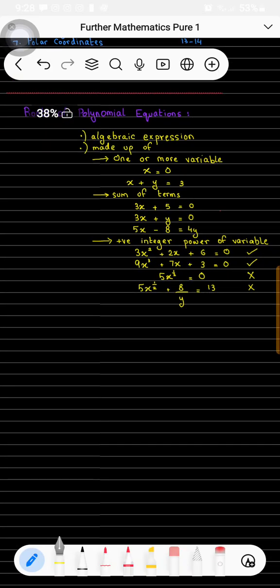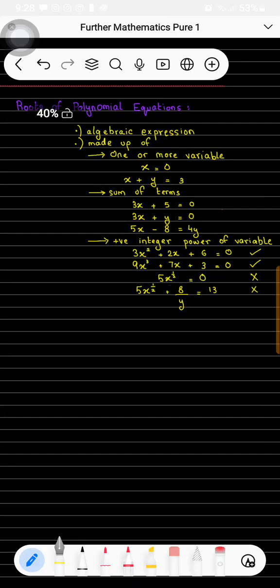Now let's move ahead, and that was the complete discussion of polynomial equations. Now you have the idea of what a polynomial equation is. Let's get a review. First, an algebraic expression: what is algebra? When there is a mix of numbers and alphabets as variables, constants and variables also.